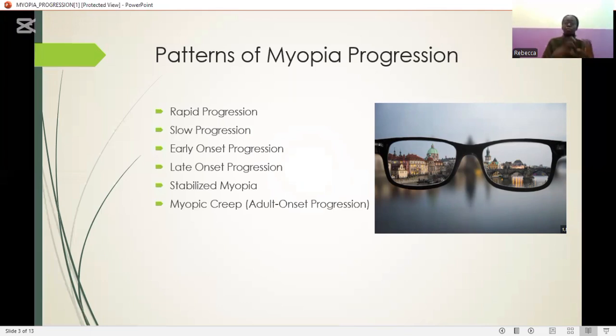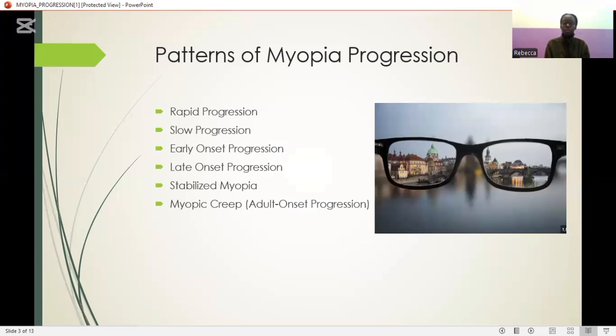For some, the progression happens quickly over a short period of time, which is what we are going to focus on more, because when this progression is fast enough, you're going to have more effects on the eye. And we have slow progression, just as the word suggests. This one happens gradually and slowly over a period of time.